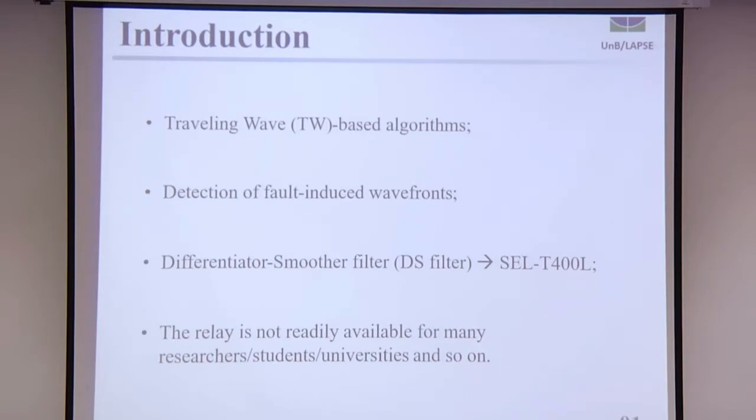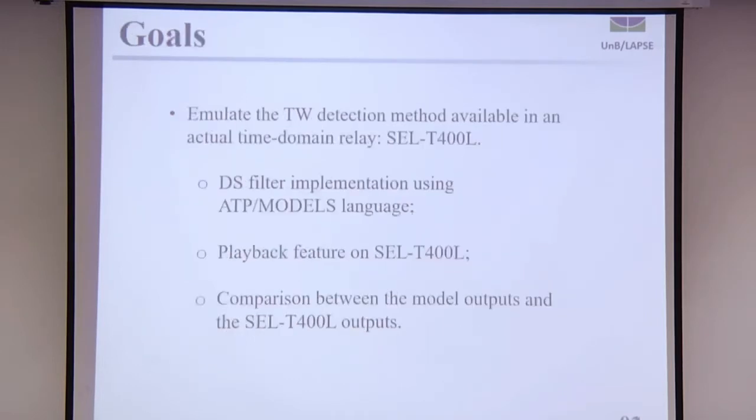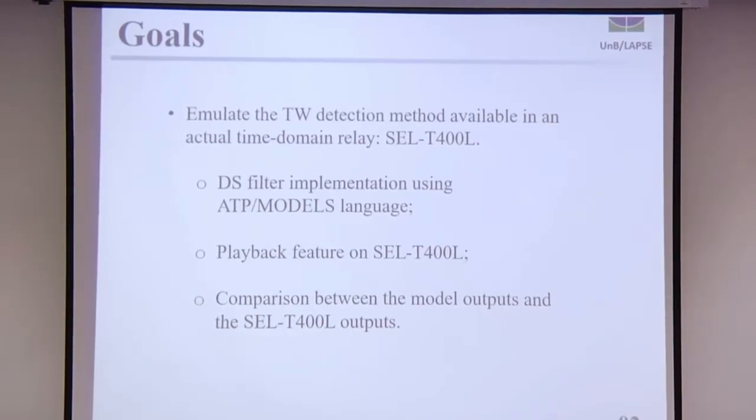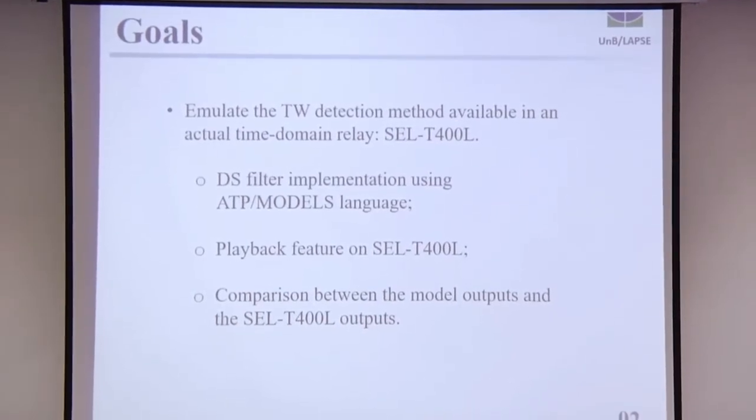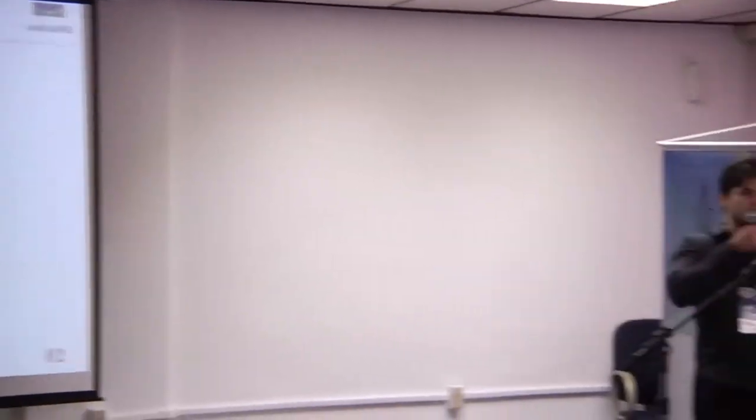The motivation of this paper is that time domain relays are not readily available for many researchers, students, universities, and so on. I mean to apply a reliable DS filter in Alternative Transients Program simulations for the study of TW-based applications. This paper's main goal is to emulate the TW detection method available in an actual time domain relay, the SEL-T400L.